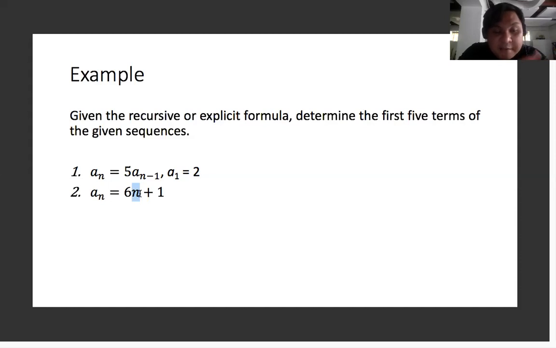Okay, so now that we have identified which example is a recursive formula and which sequence follows an explicit formula, you are to determine the first 5 terms of each sequence. Okay, so if you'd like to work on this on your own, you may pause the video, try to write down the first 5 numbers of each sequence, and then we can check your answers later on the next slide.